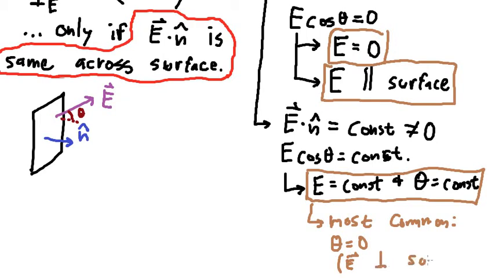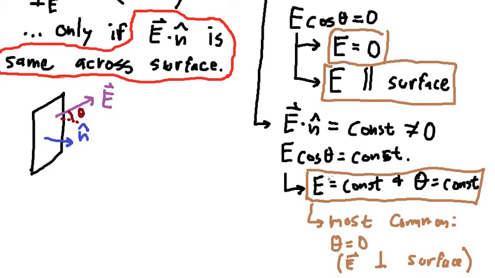And the easiest way for this to be true is to have, well, let me put it this way. If this is true, theta's got to be some constant, and cosine theta has to be constant.